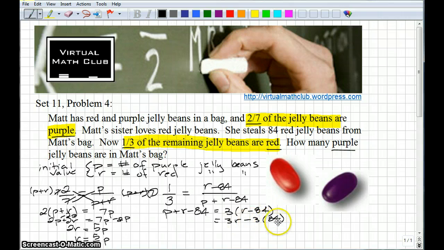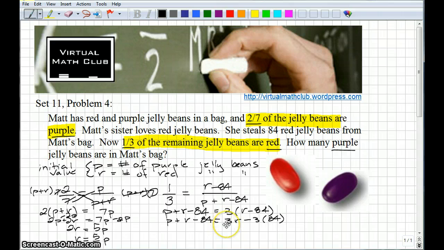I'm not going to multiply that out because I know I have an 84 over here and I'm lazy. Since I see another 84 over here, I'm just going to leave it as 3 times 84. Okay? So we still have p plus r minus 84 over here.